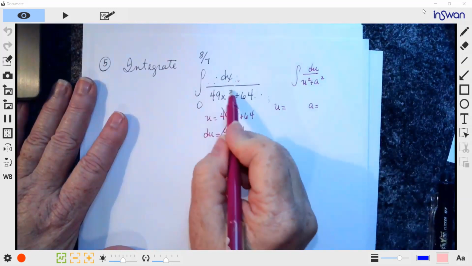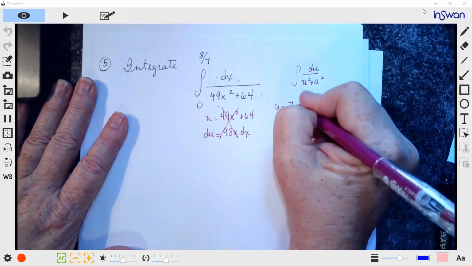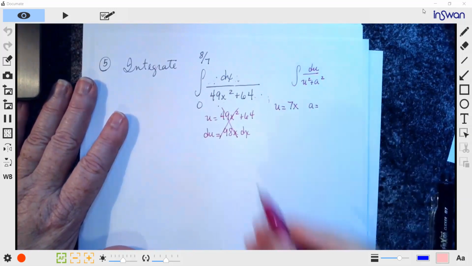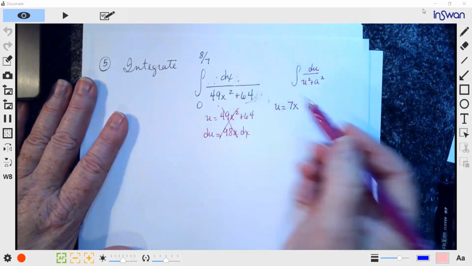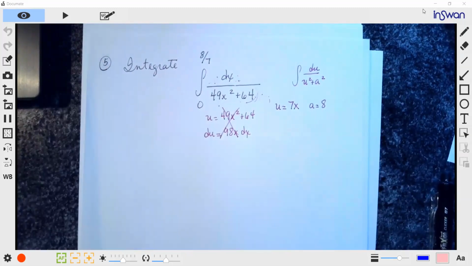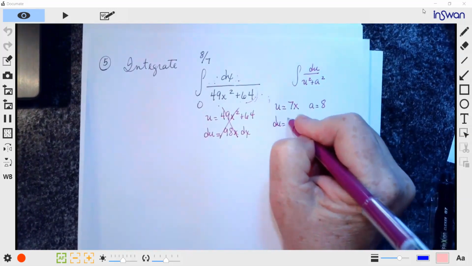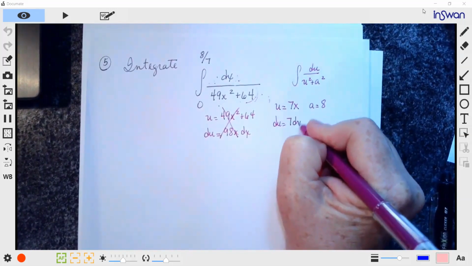U is the variable expression that is being squared here, so that would be a 7x, and a would be the constant that's being squared there, so that's going to be an 8. We do just arbitrarily take the non-negative constant there just to make things simpler. And so du would be 7 dx.